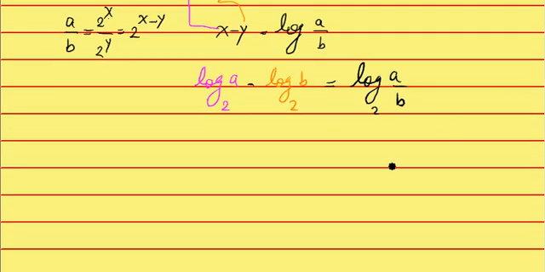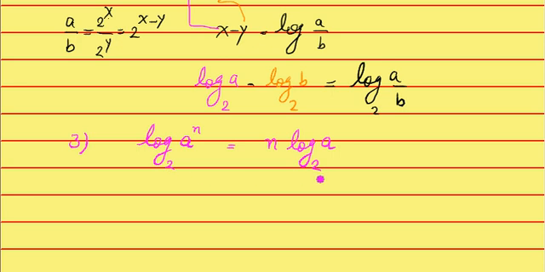Property 3 that we have is that logarithm of a number raised to some exponent, let me just use an exponent, say n, in base 2, is same as that exponent times the logarithm of that number in base 2.